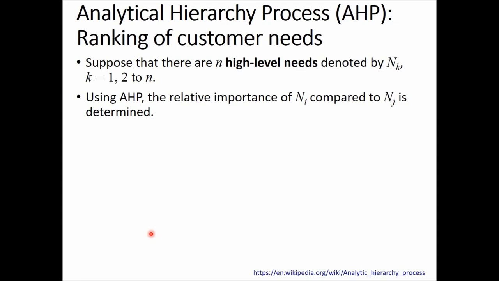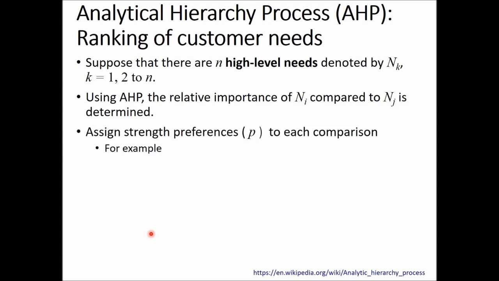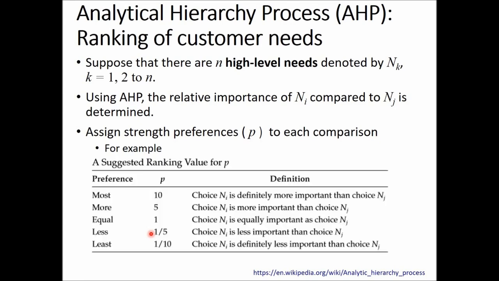We compare the relative importance of two needs, and then we assign a strength preference for each comparison. For example, if N_i is definitely more important than N_j, you can say the value of P is, for example, 10.